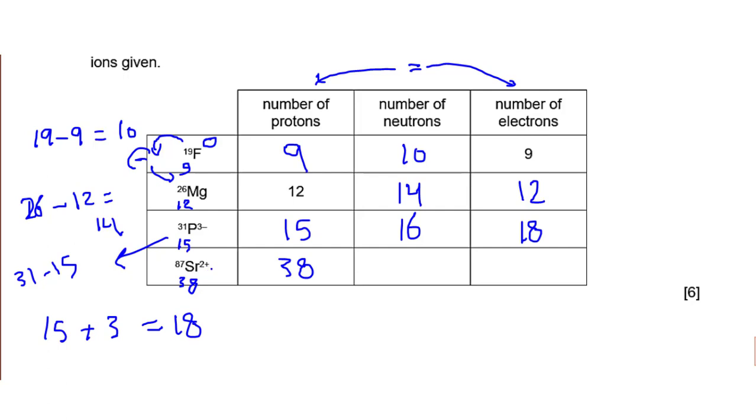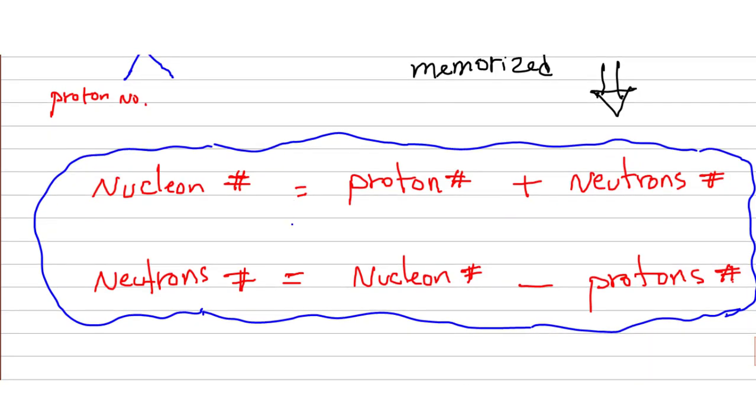So we say 38 minus 2, so number of electrons is 36. And finally number of neutrons should be nucleon number 87 minus 38, so it's going to be 49. I think it's easy, but please make sure you memorize the rules before starting.